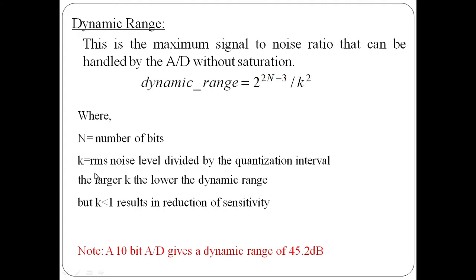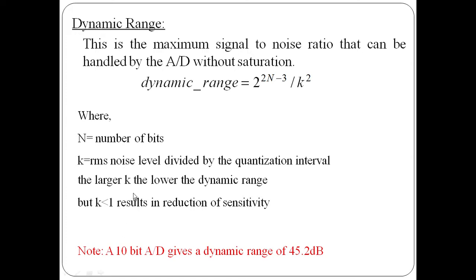It represents the RMS noise level divided by the quantization interval. How many intervals? 2 power n minus 1. The output of the phase detector produces the signal into 2 power n minus 1. It spreads.